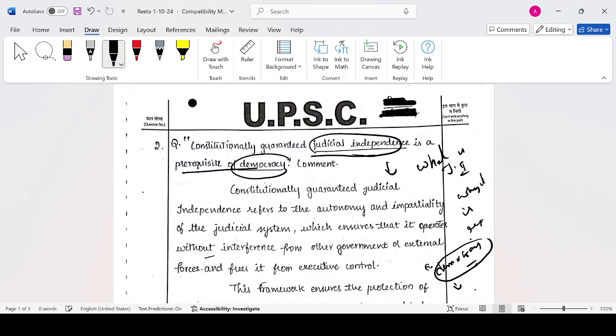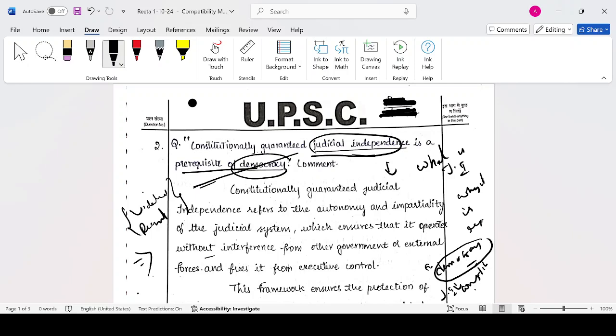And then how judicial independence is guaranteed in our constitution we need to mention. If possible, we can mention how judicial independence is violated in recent times, and then we can conclude. So this is the normal or general structure of the answer.